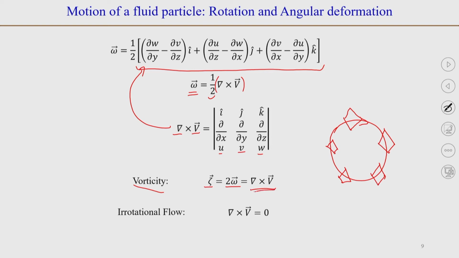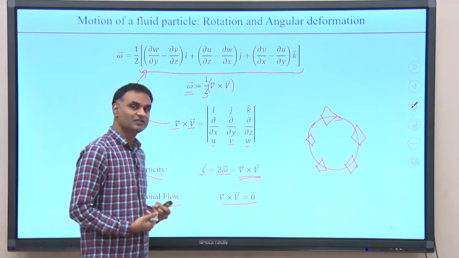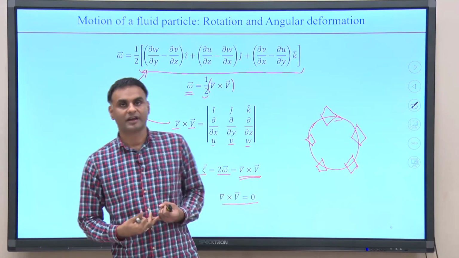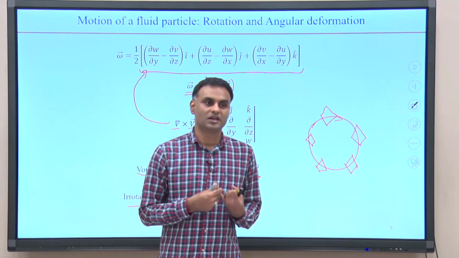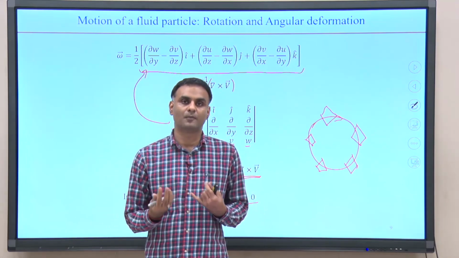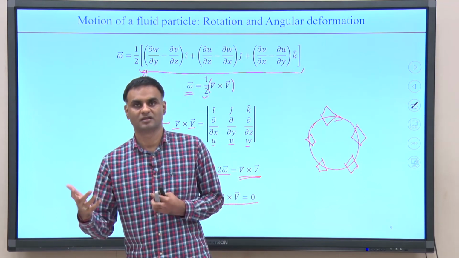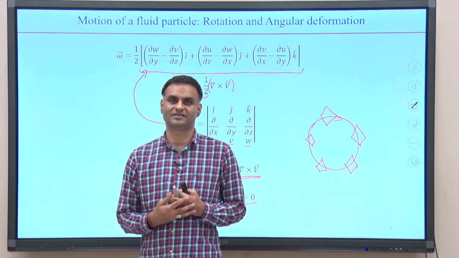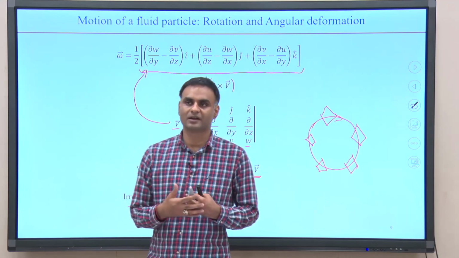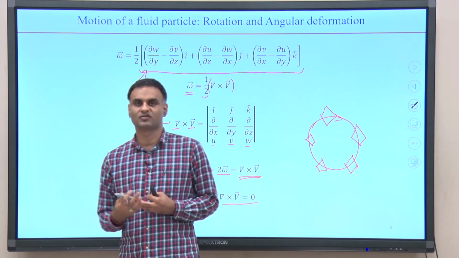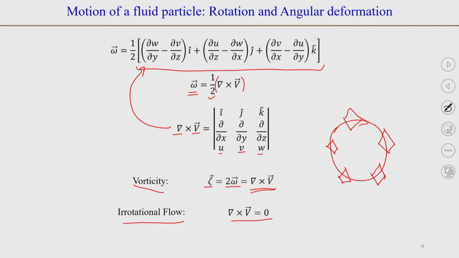If del cross v is equal to 0, then the flow will be irrotational, and irrotational flow, as we will see later on, is an important tool to study inviscid flow, because the mathematics involved simplifies, and there has been a lot of development in the expressions for irrotational flows.